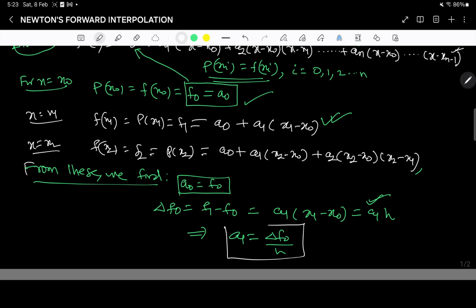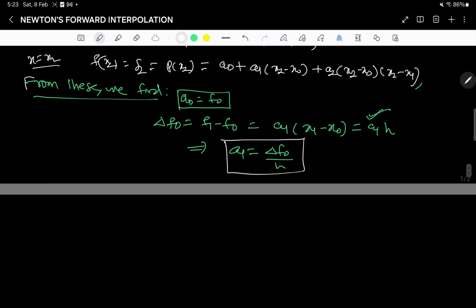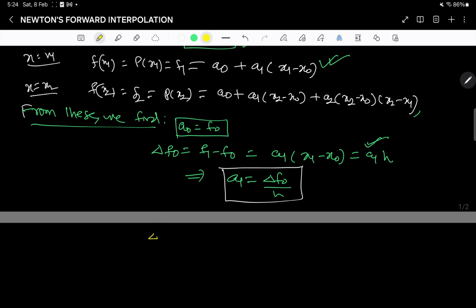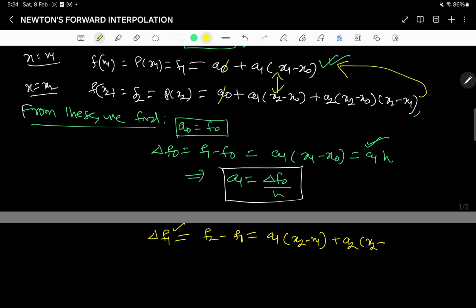We get a1. Likewise, we want to find your a2. If I ask you what is del f1, it is the next one, f2 minus f1. Now you subtract f2 minus f1. Here a0 cancels, and taking the a1 term, this is a1 into (x2 minus x1) plus a2 into (x2 minus x0)(x2 minus x1).